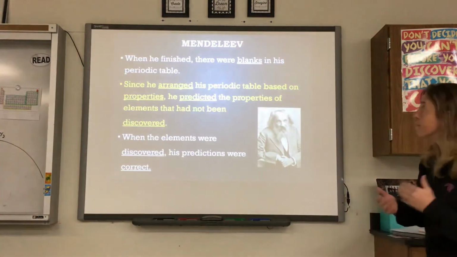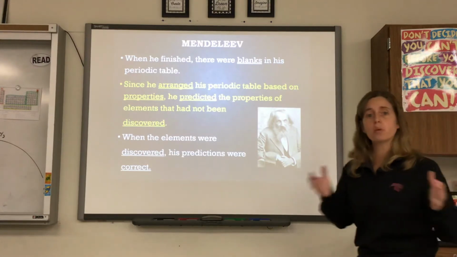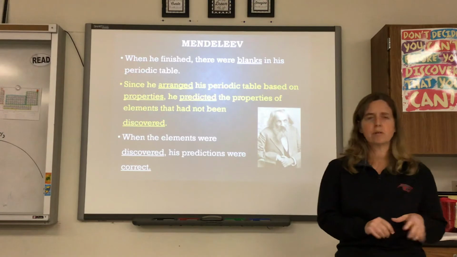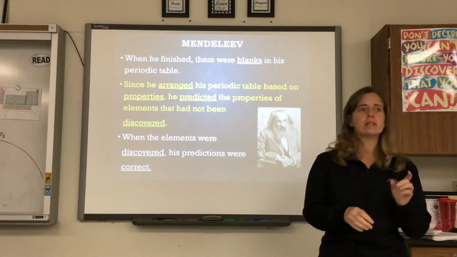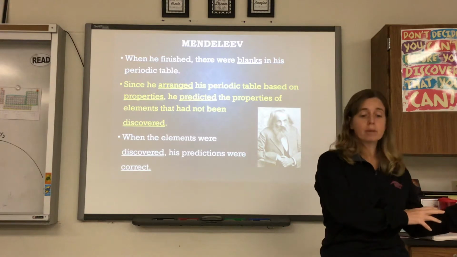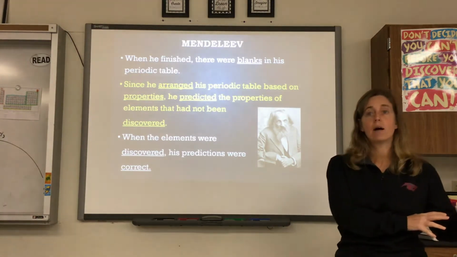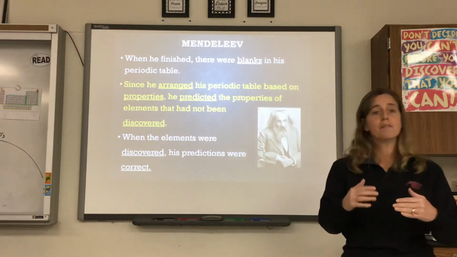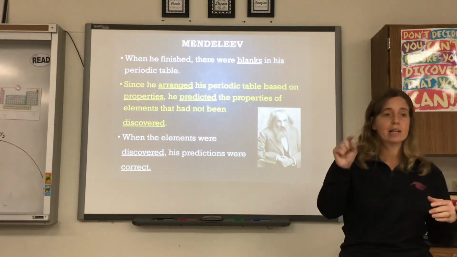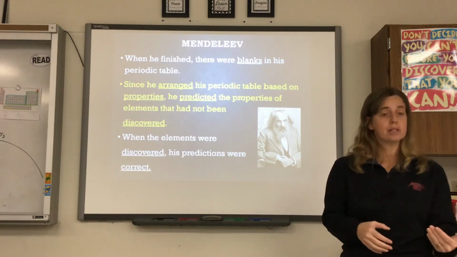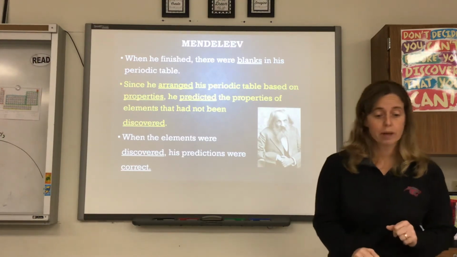Now, when he finished sorting these, he noticed that there were blanks in certain spots, okay? And he said, you know, I feel like there's going to be an element later on that we have not yet discovered that's going to fill that spot. So he actually left blanks within the table, saying at some point we're going to find an element that will fit in that category.